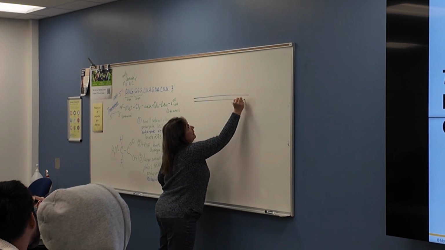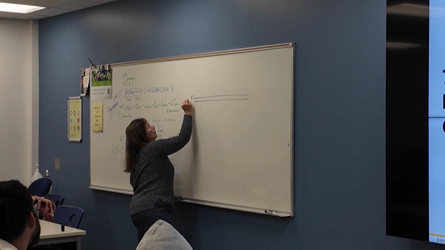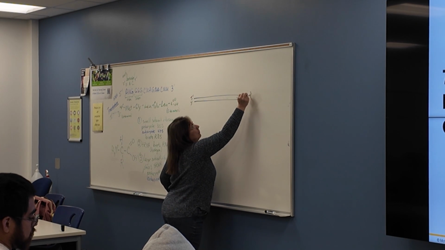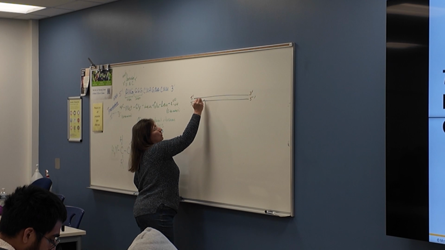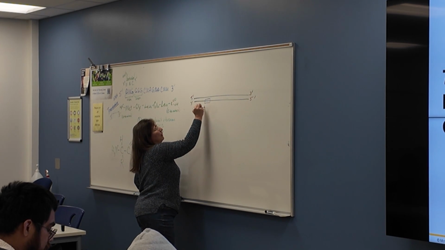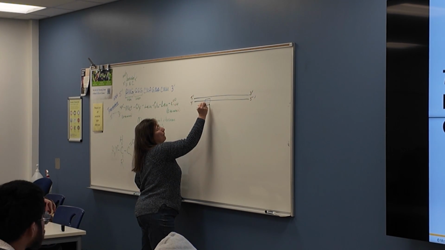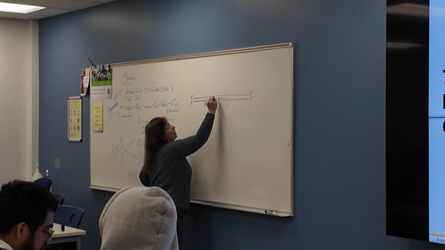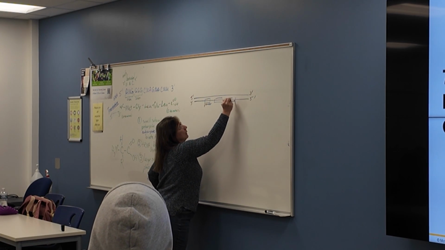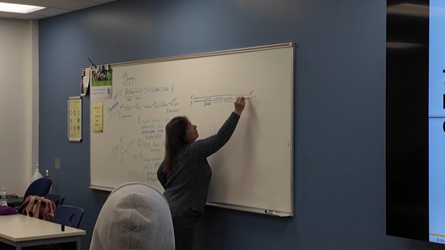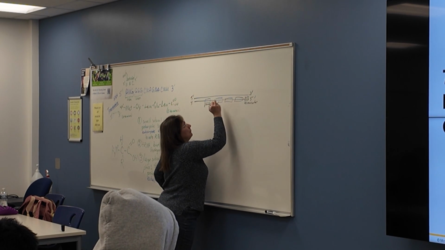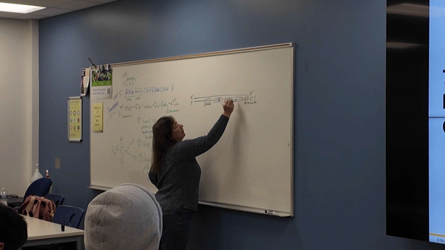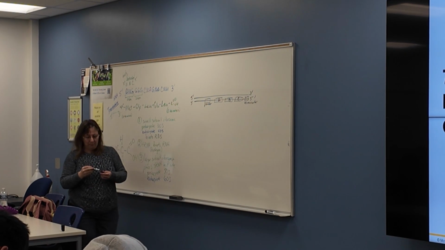Here's our DNA. 5 prime, 3 prime, 3 prime, 5 prime. And we're going to have our promoter, just like we have. And we'll have a few genes. And we'll have our terminator here. So we'll have A, B, and C for now.